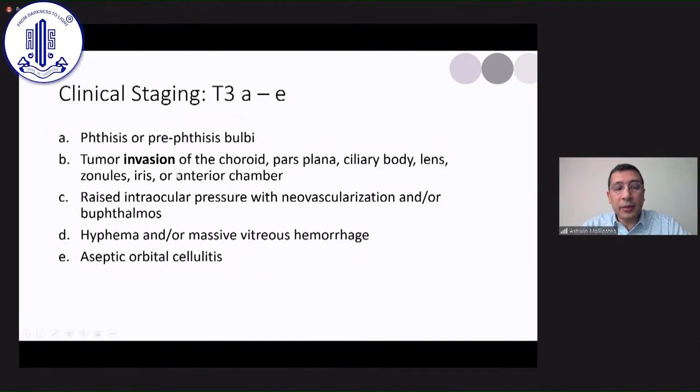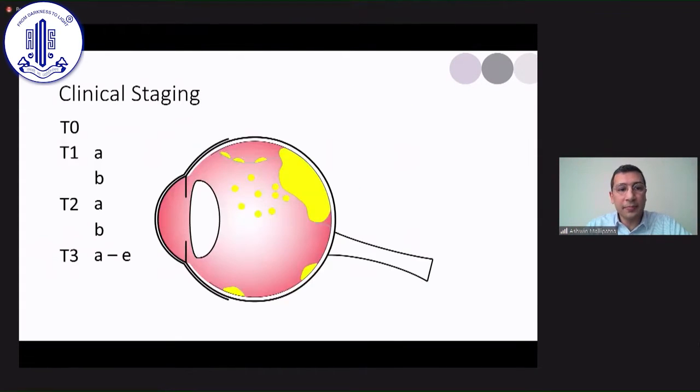And I must specify that tumor invasion is required for T3B. Previous to this, it was only considered that a tumor touching a lens would still be an anterior segment invasion, but we tried to make that distinction clear by saying that there should be some evidence of invasion, not only contact.